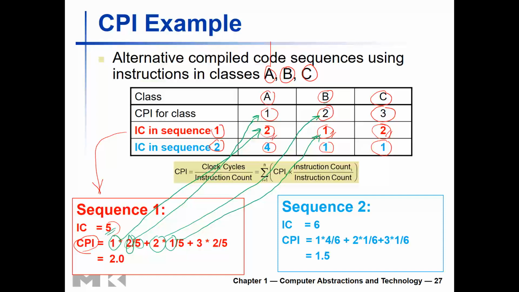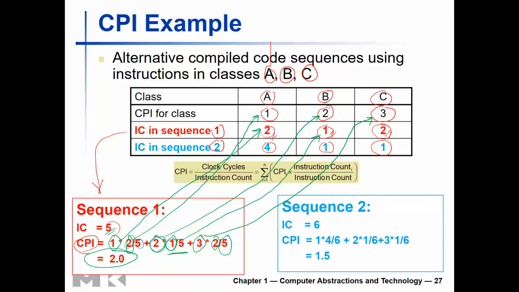I have a CPI of 2 for class B, and there is 1 instruction out of 5. And then for this program, I have instruction class C, which has a CPI of 3. There are 2 instructions out of the 5 instructions. Then I do the math, and my average CPI is 2.